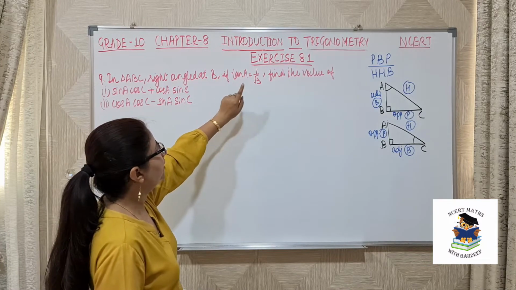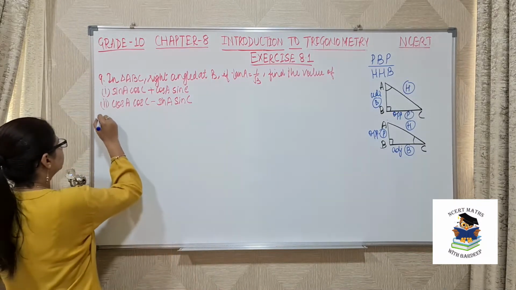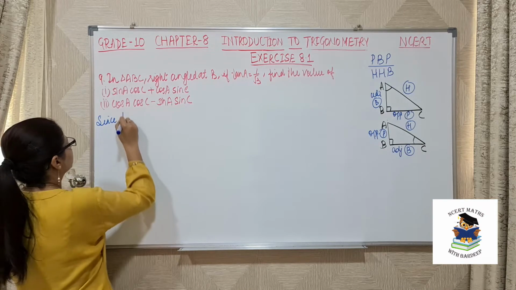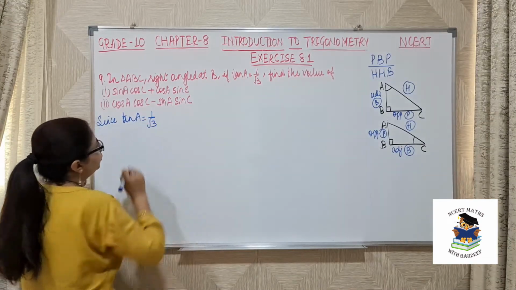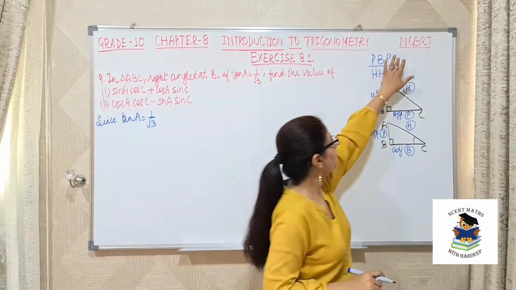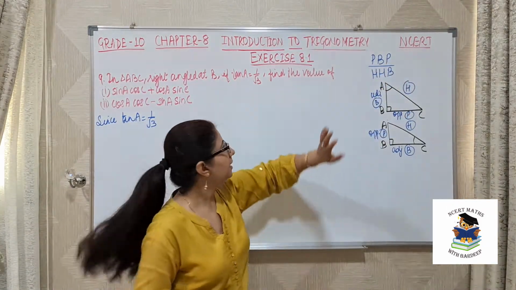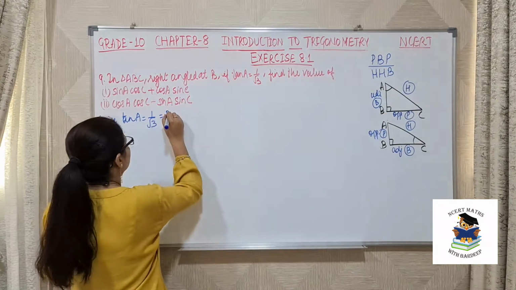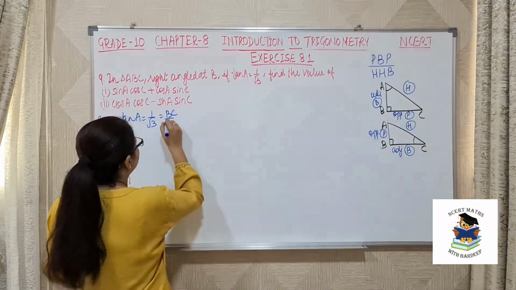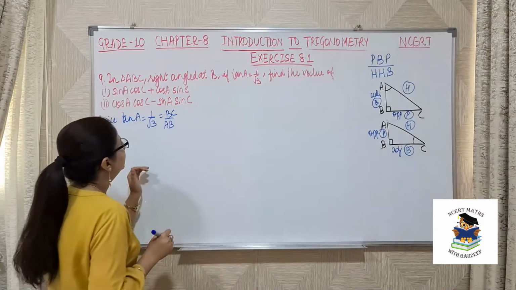So now let's find what is this ratio. Since tan A is 1 by root 3. So what is tan? This is perpendicular over base. Perpendicular is BC and base is AB. Okay.